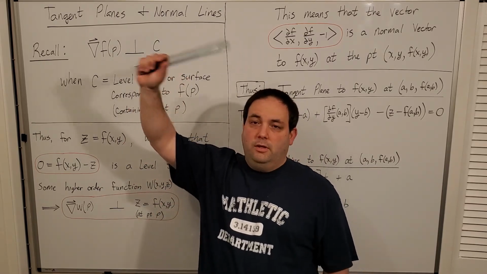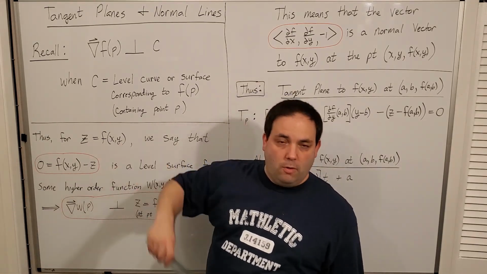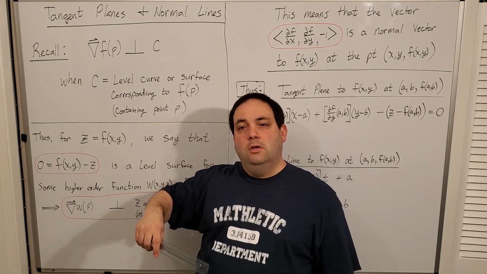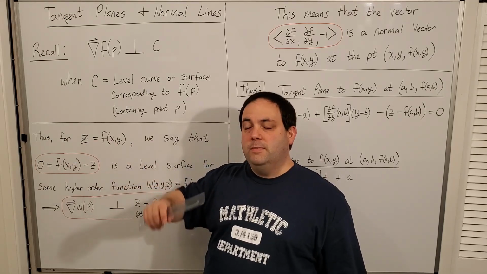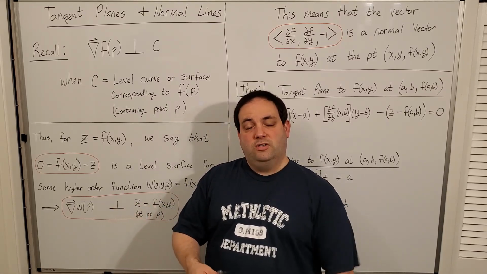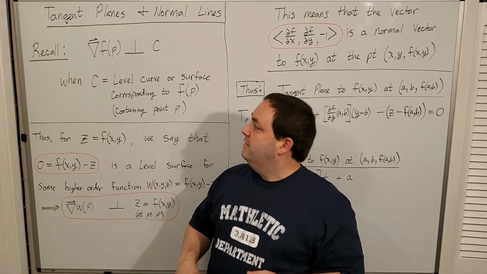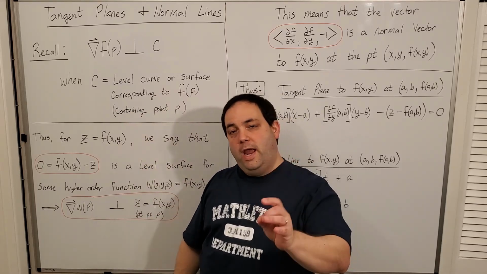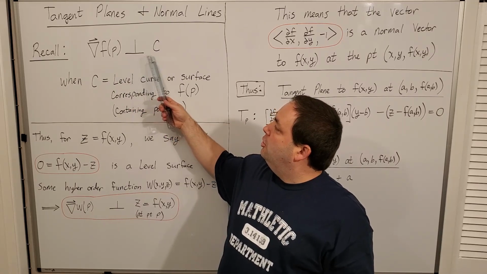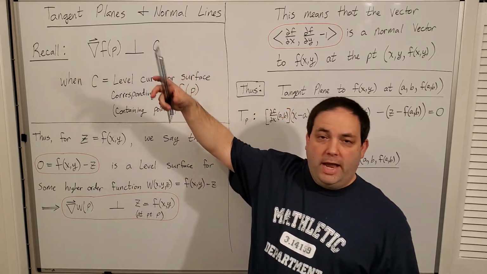Remember from the last few sections, we've talked about the gradient, directional derivatives, gradient. And remember, the gradient was said to be a vector coming from your function. And if you were to pick a level curve or surface, in other words, letting your output be a certain value and getting the curve or surface that is the result of that, then the gradient at the point where you created the level curve or surface is always perpendicular to that level curve or surface at that particular point of creation.